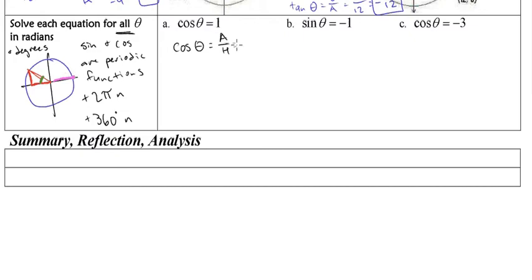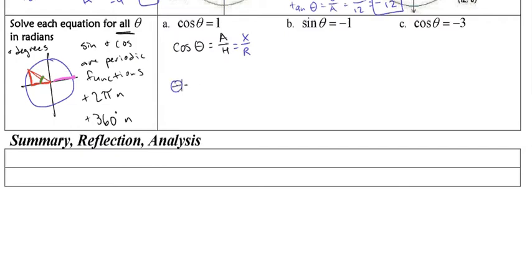So you can think of that also as x over the hypotenuse, or over the radius. That might be a better way to think of it on this one: x divided by the radius. And there we go. So we've got an x value of 1. That radius is 1 as well. And so we get the value of theta when the cosine is 1 when our theta is 0.